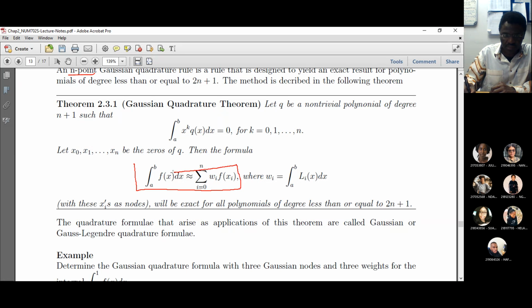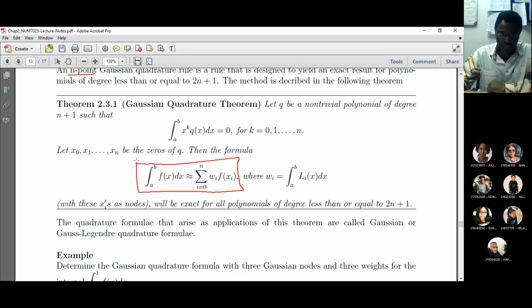So this is the formula. You can see it's a quadrature formula. It's that expression.